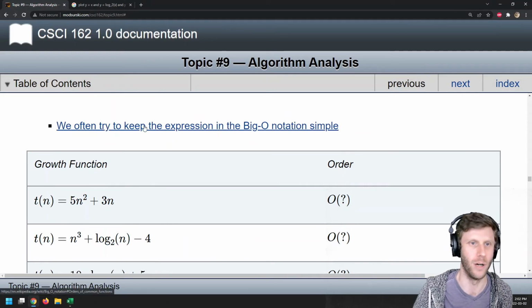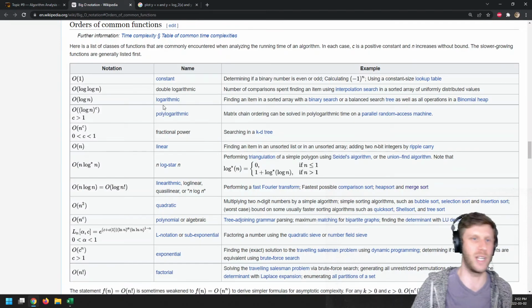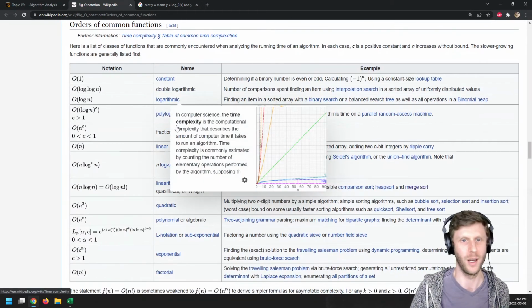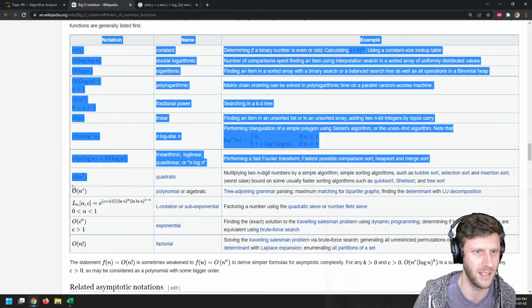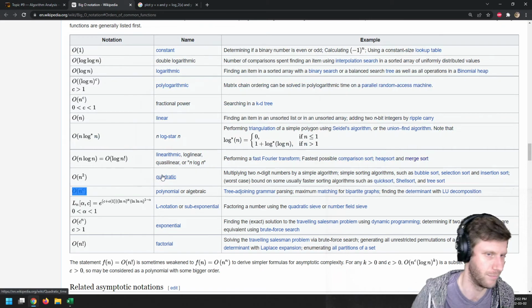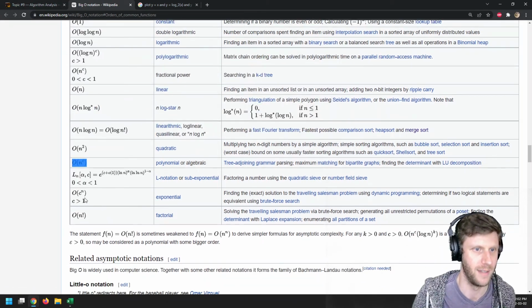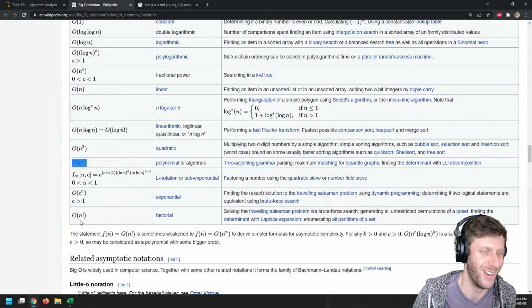Why is this blue? Oh, we often try to keep the expression in big O notation simple. Here's a Wikipedia article about the common ones. Realistically, these aren't even the common ones. The common ones you're looking at are constant, log n, linear, n log n, n squared, n to some arbitrary power, and then we're talking about c to the n or n factorial.